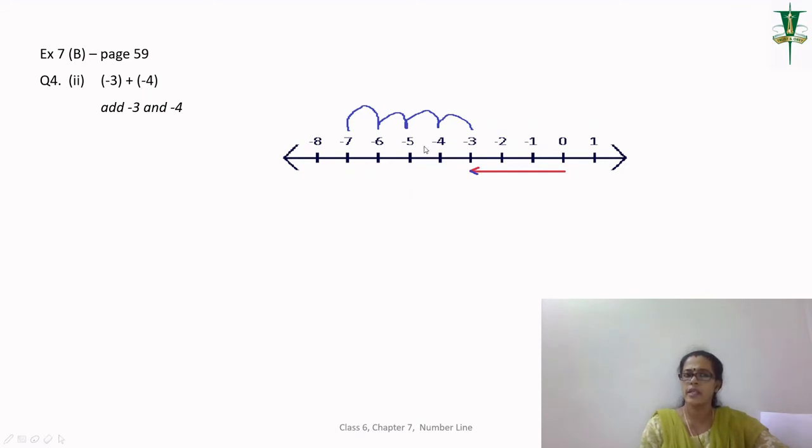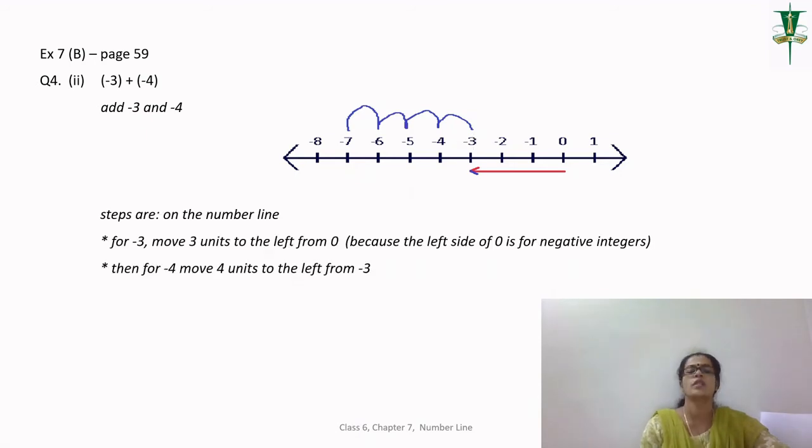What is that? Minus 4. So how many steps would you travel? Yes, you would travel 4 steps in the direction indicated by the number itself. So from minus 3, I go 1, 2, 3 and 4. It lands me at minus 7. So the answer for minus 3 plus of minus 4 is minus 7.